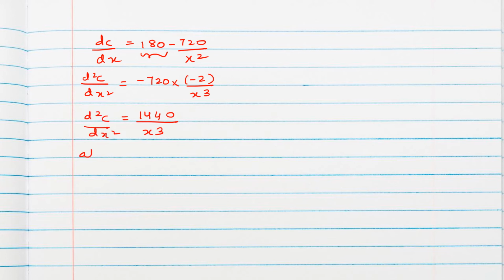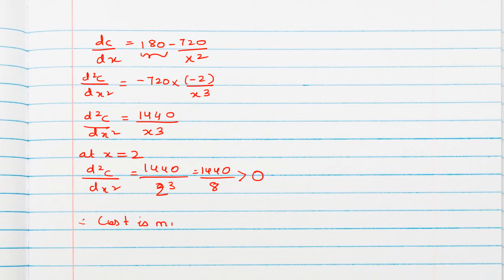So at x equal to 2, it will be 2 cube, means 1440 by 8. It will be positive only. Therefore, we can write the cost is minimum at x equal to 2.